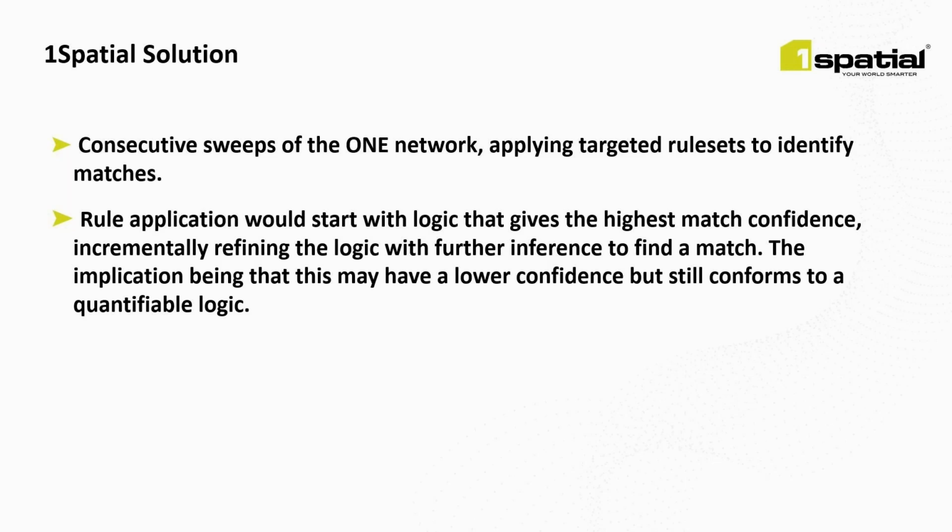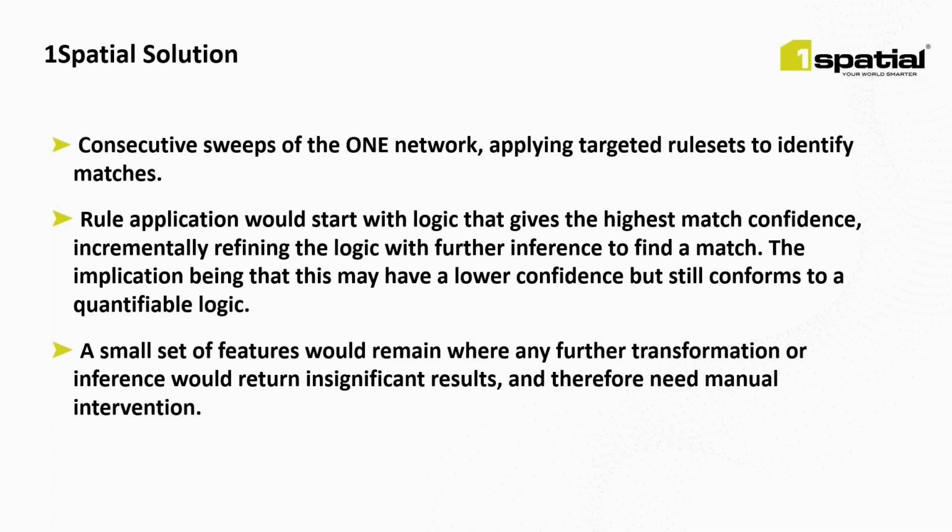The implication of this being that it may have a lower confidence but still conforms to a quantifiable logic. We had the expectation that there would be small sets of features remaining where any further transformation or inference would return insignificant results, and therefore manual intervention would be the most suitable course of action.